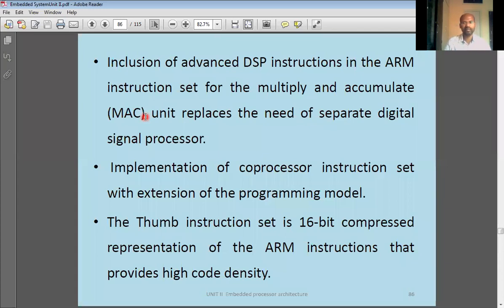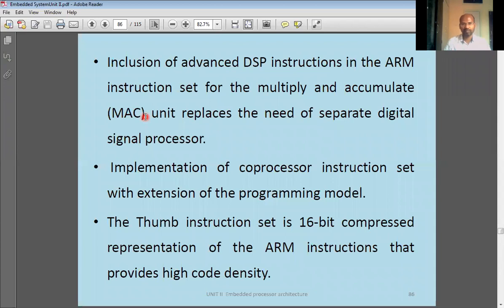This is very useful, particularly if you are implementing DSP algorithms. If you break down almost any DSP algorithm, any computation finally reduces to multiplication, addition, multiplication, addition. That's all, right? So we have a separate MAC unit for implementing DSP algorithms.